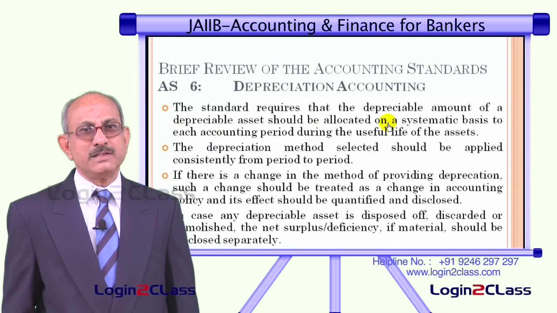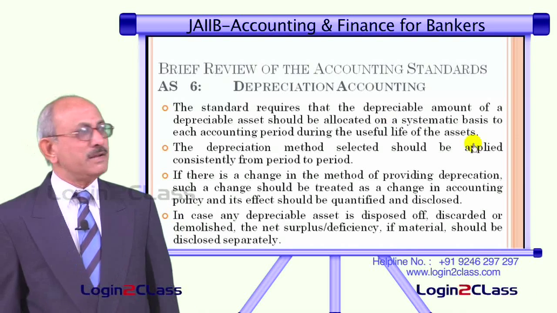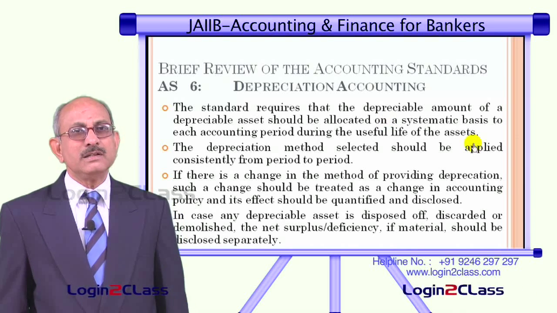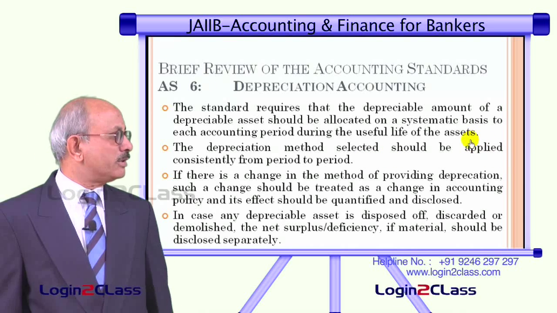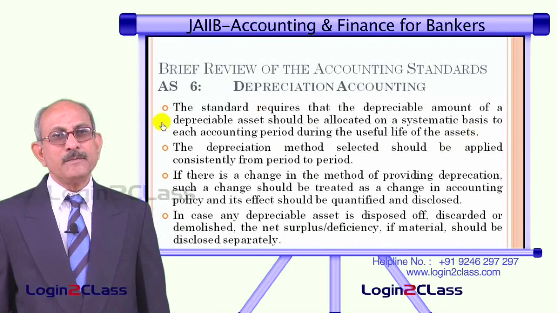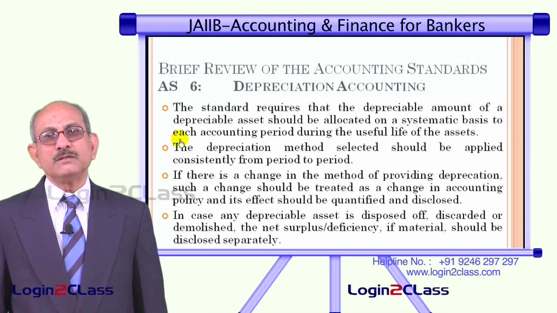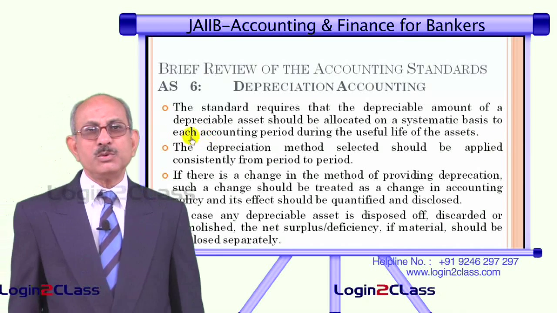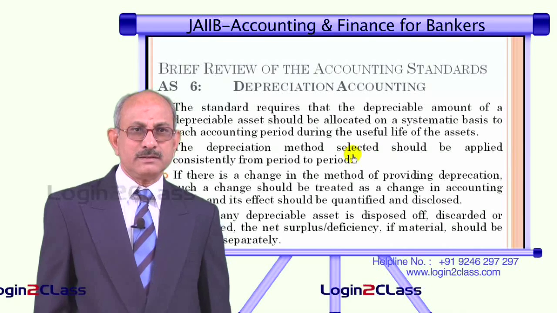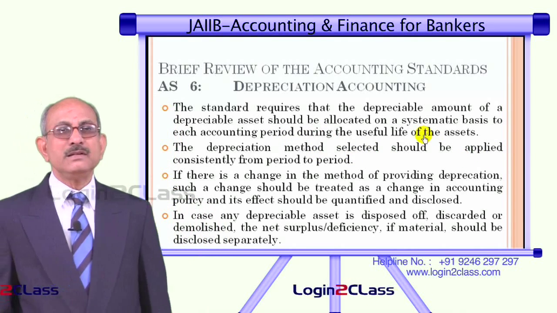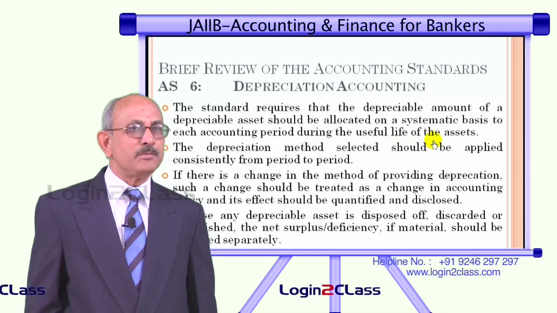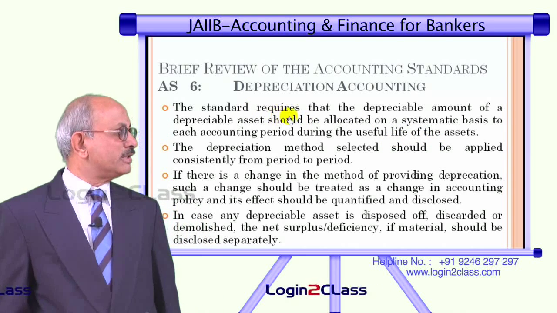For example, if there is a machinery and the useful life of the machinery is 5 years, the value of the machinery which is accounted for in the books of the company has to be allocated over those 5 years. That means it has to be distributed over these 5 years on a particular basis. And what is this basis? This basis is the method being employed by the entity in calculation of depreciation.